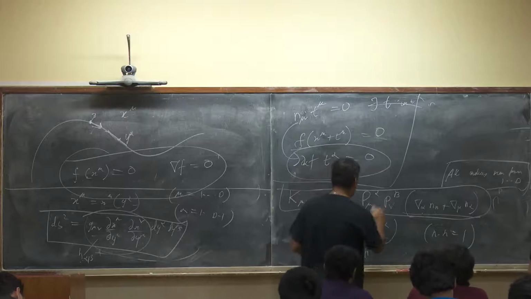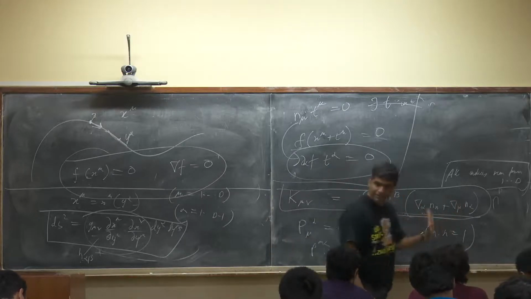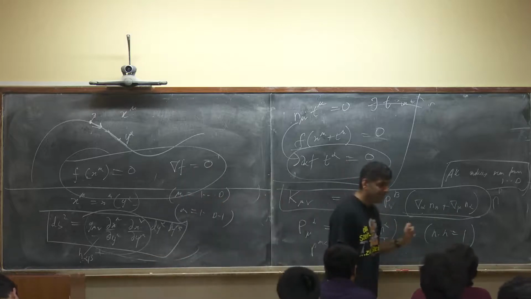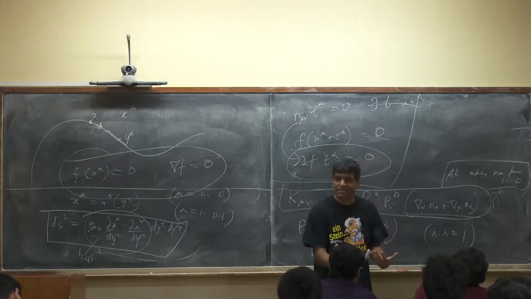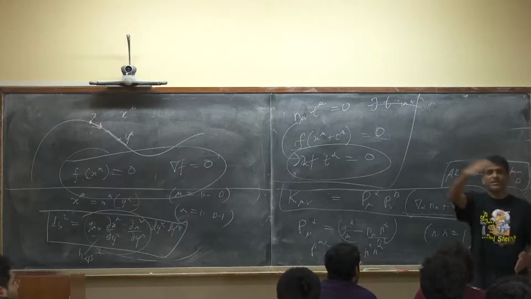It is theta phi I should write. All indices run from 1 to D. However, because of these projectors here, this tensor has exactly as much information as an analogous tensor on the submanifold.